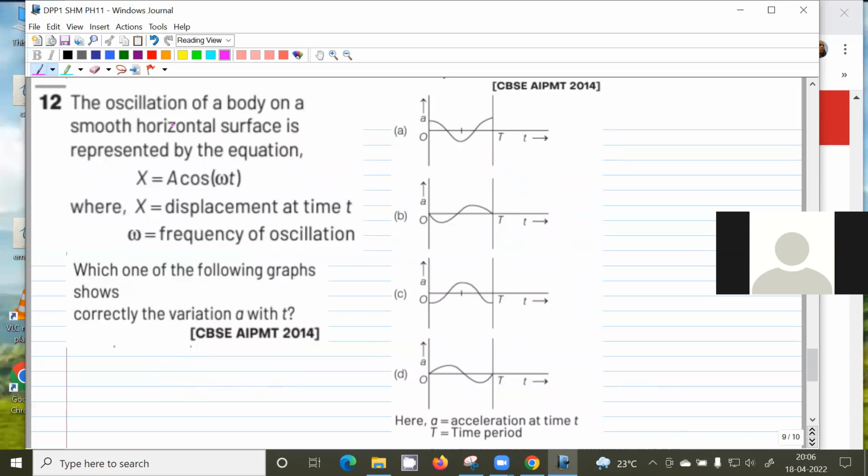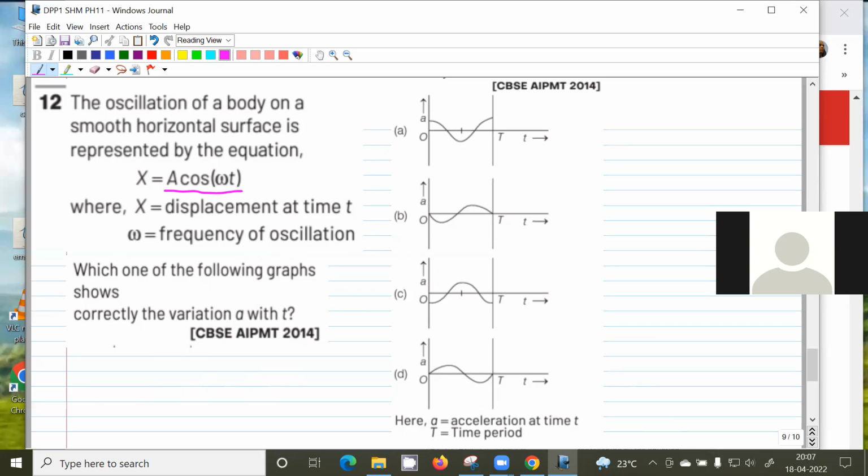This one, question 12. This was a trivial, theoretical question, but you have to get the exact meaning of it. At t equal to 0, where is the body?